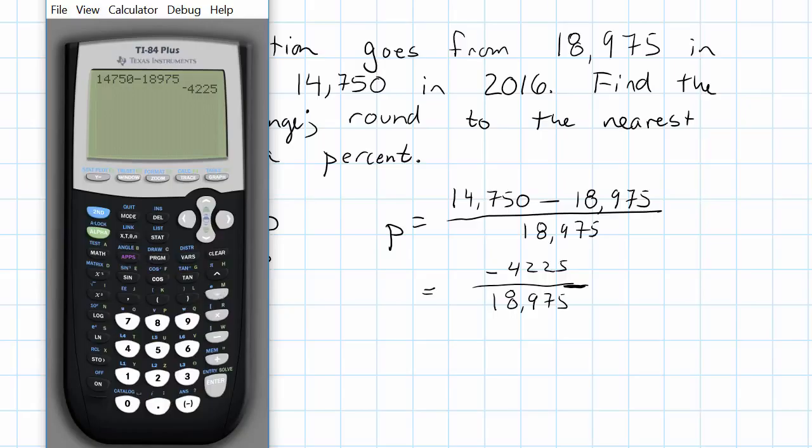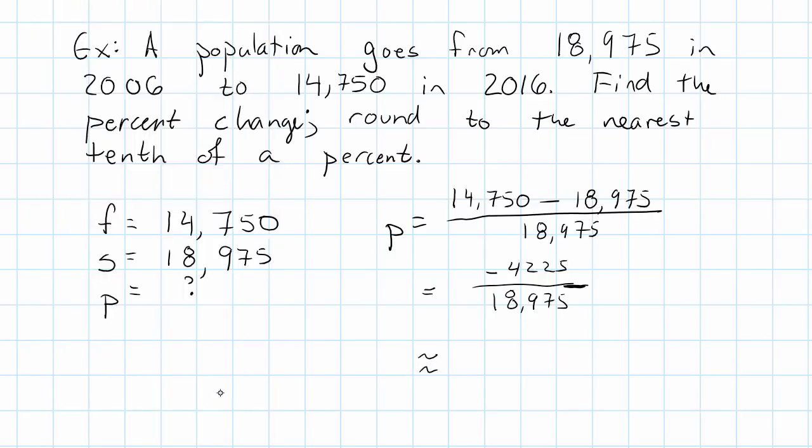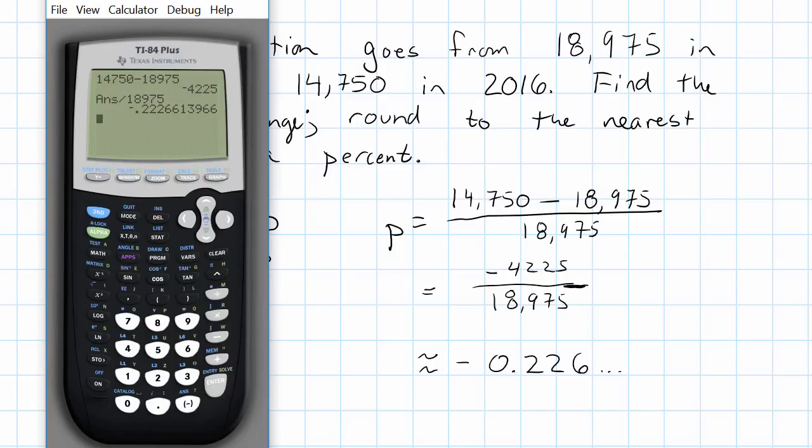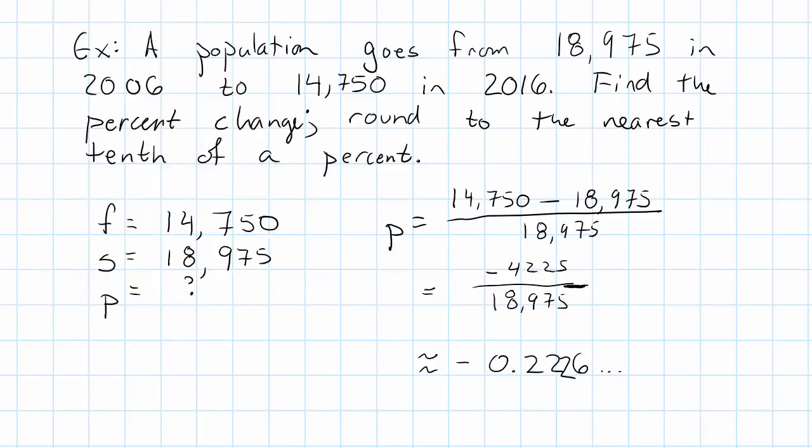Let's do that division. So this is something like negative 0.2226, etc. Now we're told to round this to the nearest tenth of a percent.